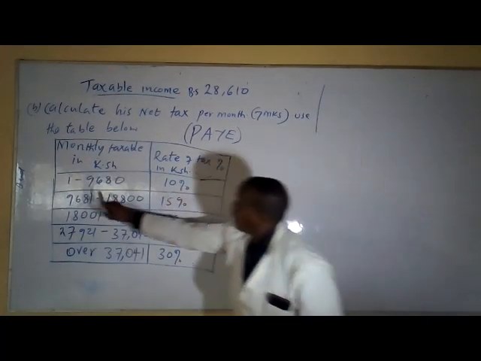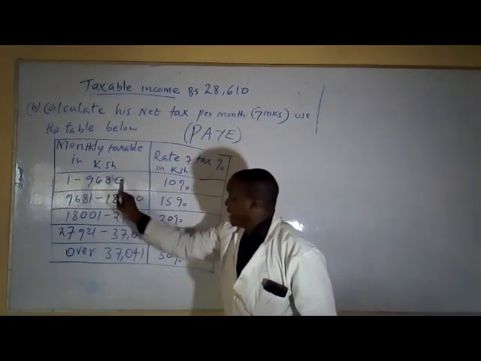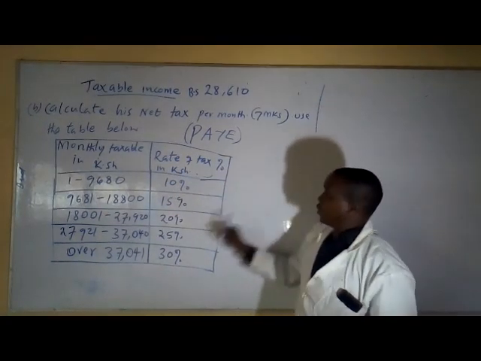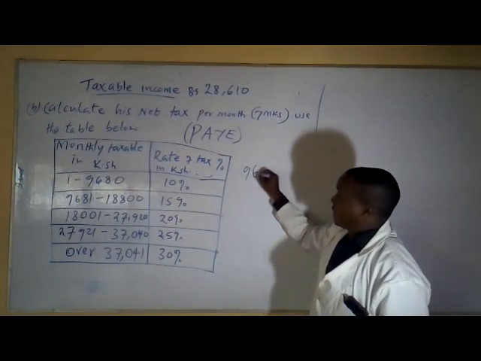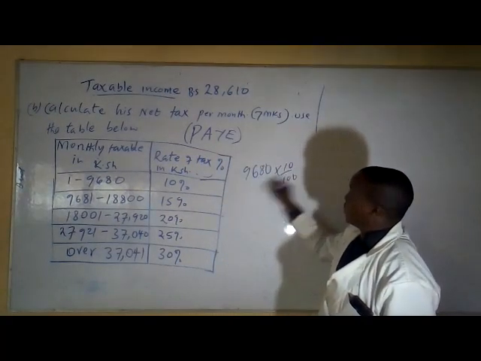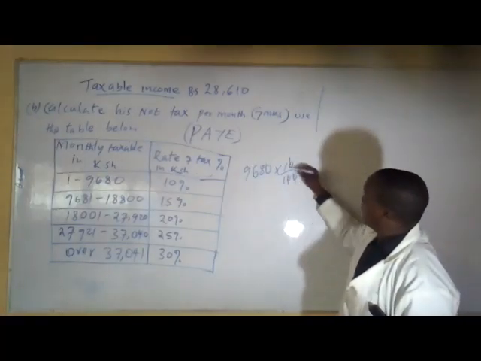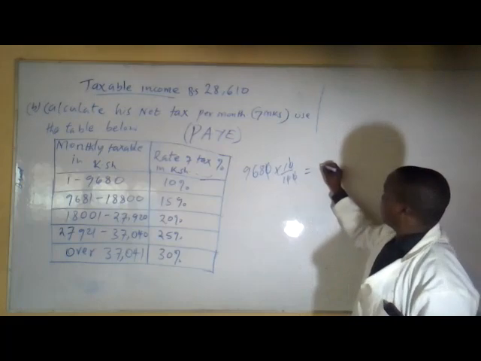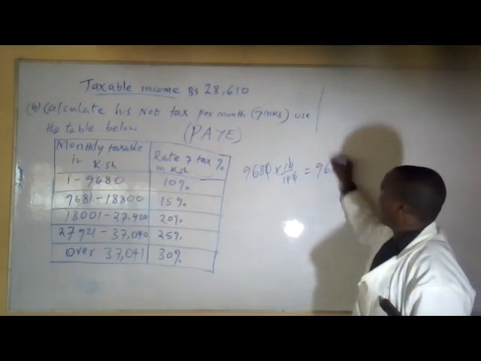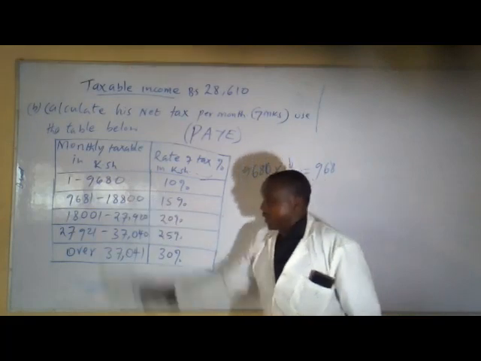Any Kenya shillings from 1 up to 9,680 is paid 10%. So we write 9,680 times 10 over 100, and then we do the cancelling and the tax will be 968. So we move to the next slab.